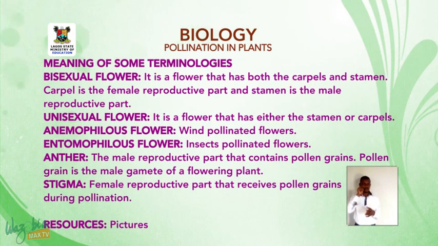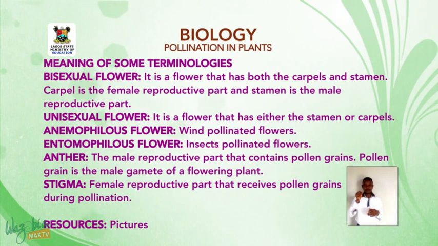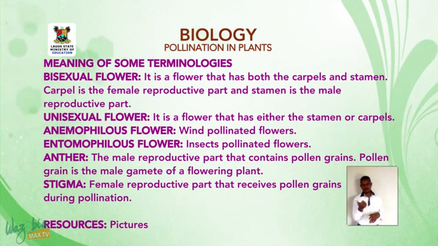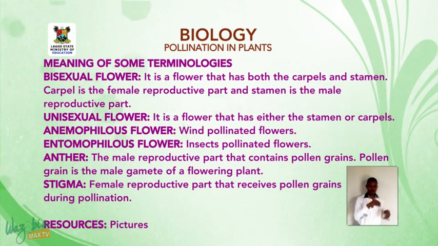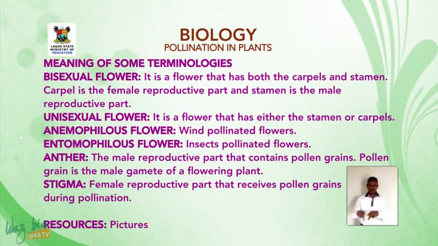Unisexual flower is a flower that has either the stamens or carpels. Anemophilous flower is another name for wind-pollinated flower. Entomophilous flower is another name for insect-pollinated flower.